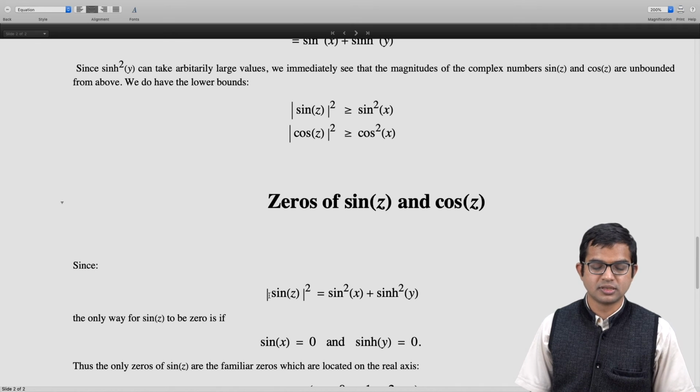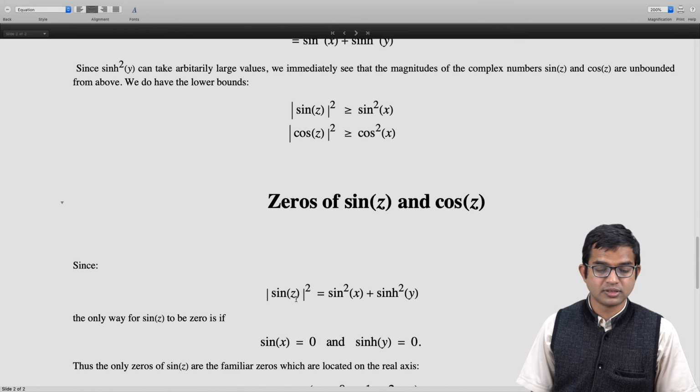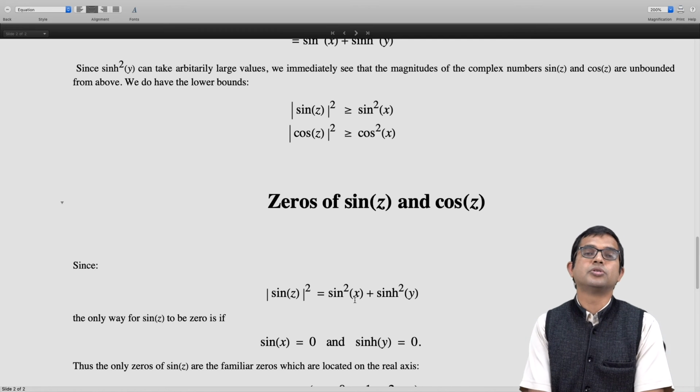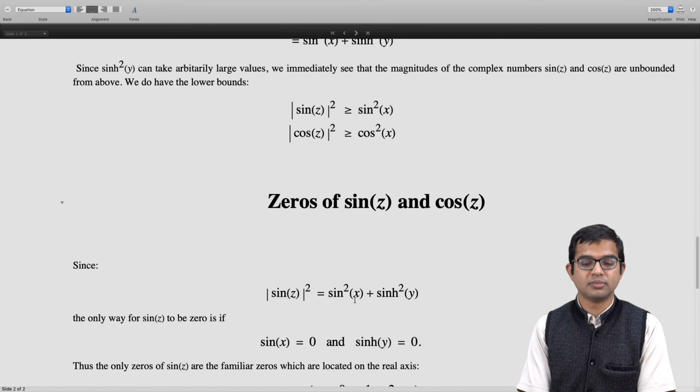So one way to see this is mod sine of z squared is the sum of these two squares. If sine of z is 0, the only way that can happen is if the modulus itself is 0, which can happen only if each of these positive numbers which add up to form this number are separately 0.